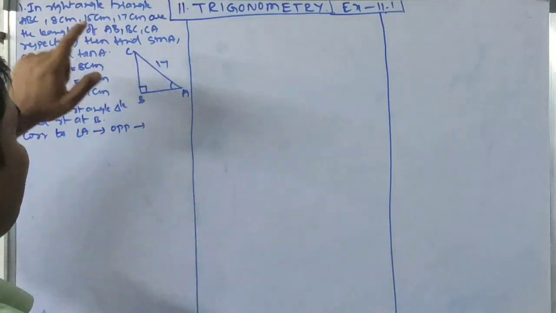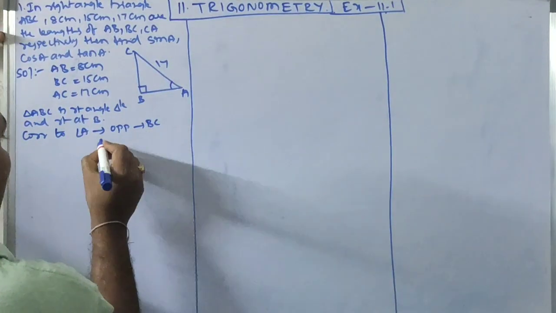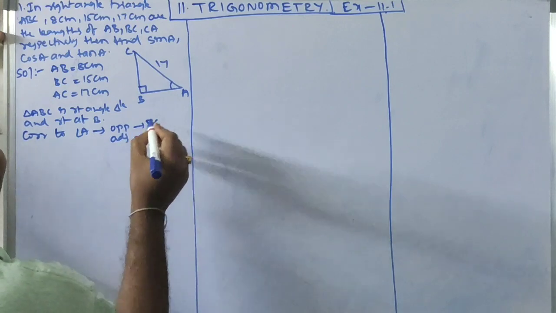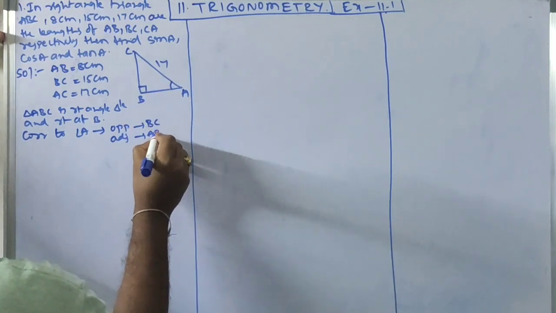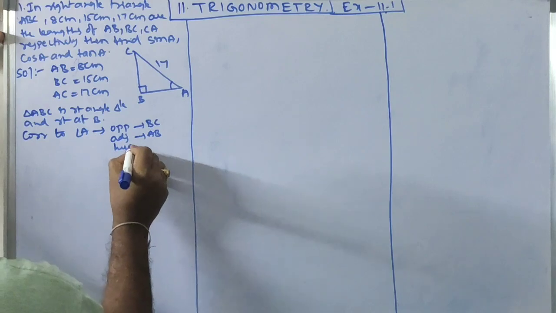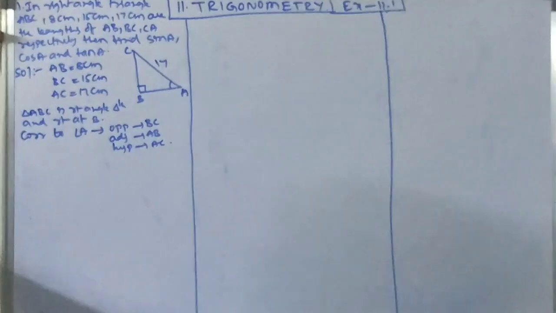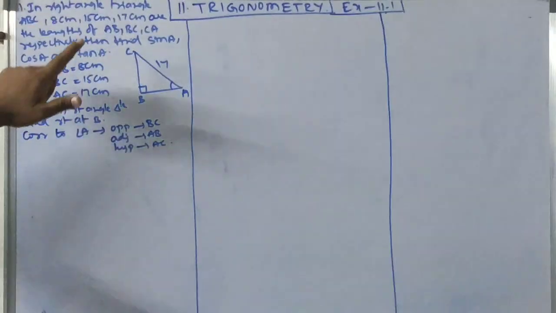Opposite side to angle A is BC. Adjacent side is AB. Hypotenuse is AC. Now we need sin A, cos A, tan A.